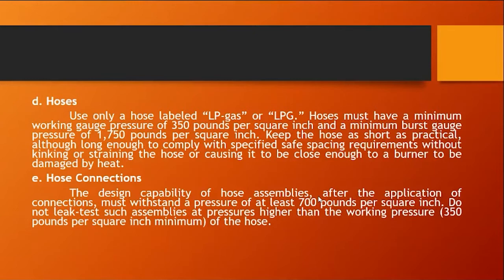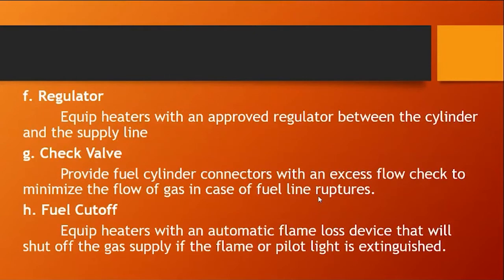So, it should be far away. Next is hose connections. The design capability of hose assemblies after the application of connection must withstand a pressure of at least 700 pounds per square inch. Do not leak test such assemblies at pressure higher than working pressure on the hose.